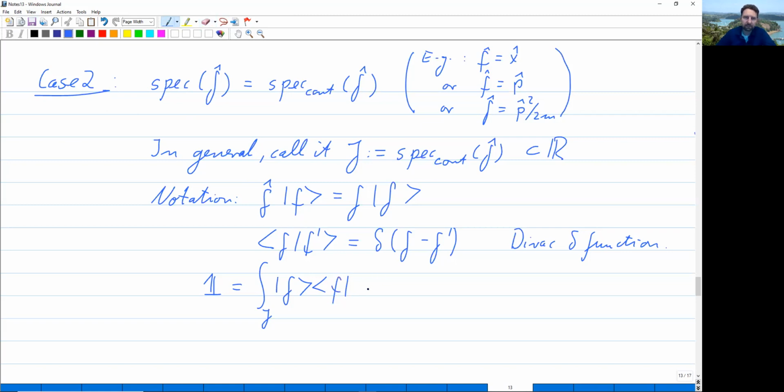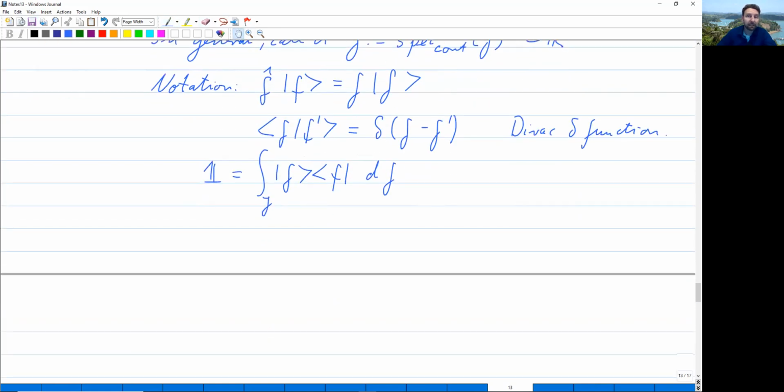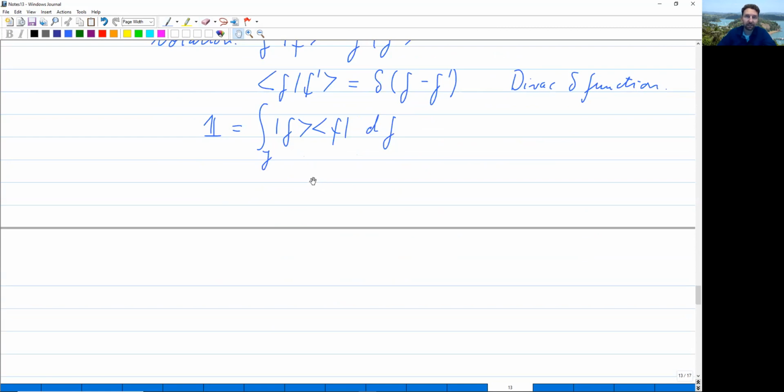Okay, so we have this df. And now we can repeat the same calculations that we did for discrete bases for the continuous bases too. So now we obtain that psi is equal to the identity psi, and using this resolution of the identity, we obtain that this is the integral over the interval or intervals J of f psi df.